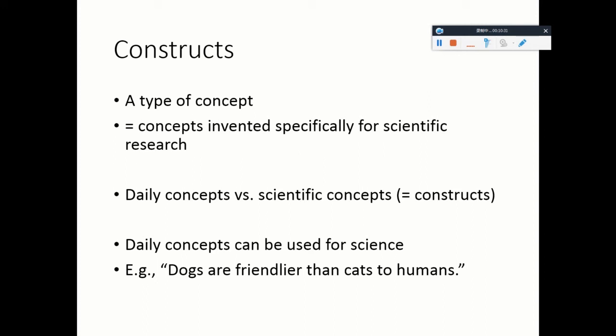And we need to find out, and we need to find out scientifically. So in other words, dogs, friendliness, and cats and even humans, we might say, all these are not that special. We talk about these concepts all the time in our daily life, so they're not necessarily constructs.